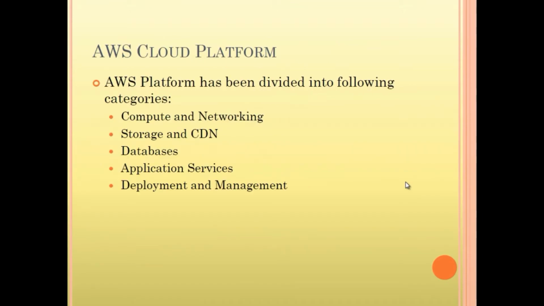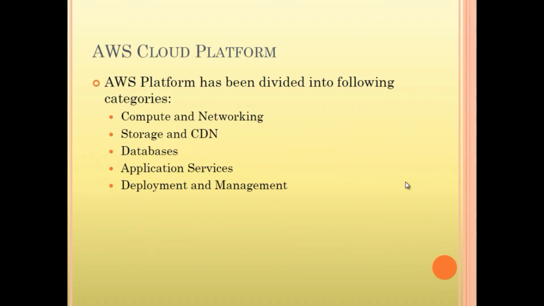Now, the AWS platform has been divided into these categories: compute and networking, which includes your virtual servers and your VPCs; storage and CDN, which includes various storage services that AWS provides, and we'll talk about some of them, and also the content delivery network.